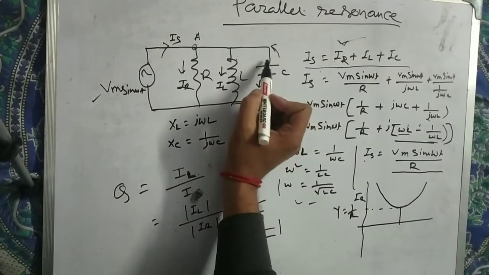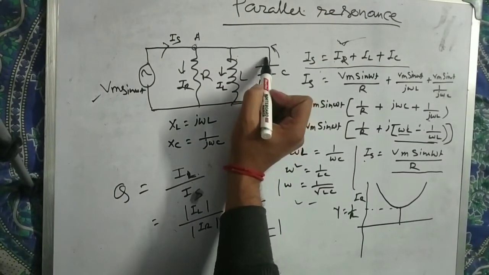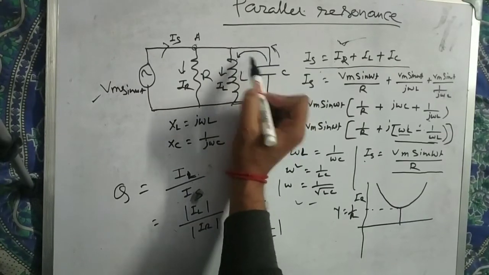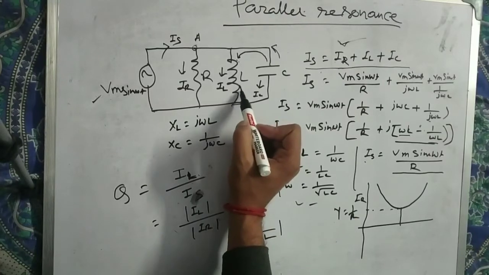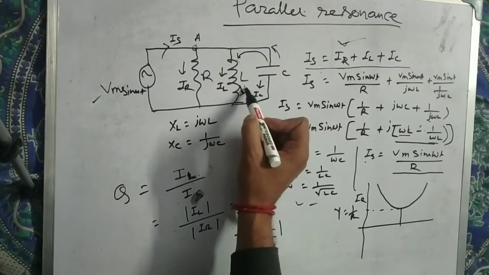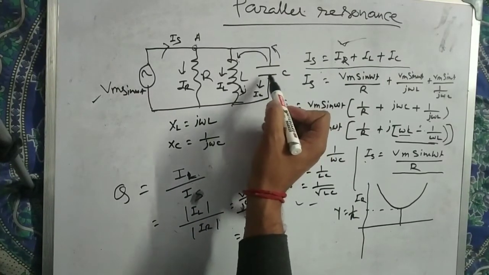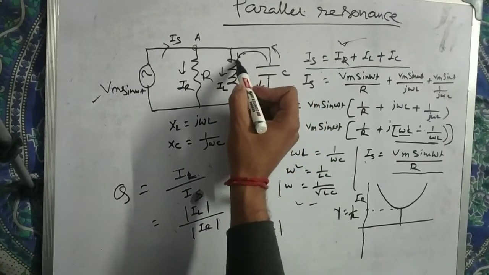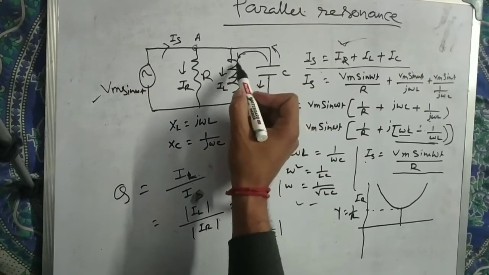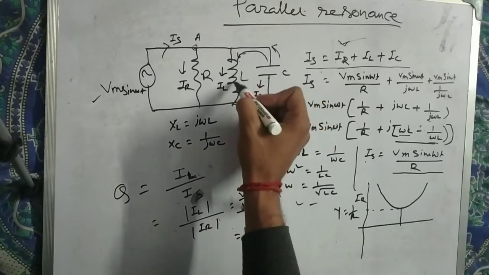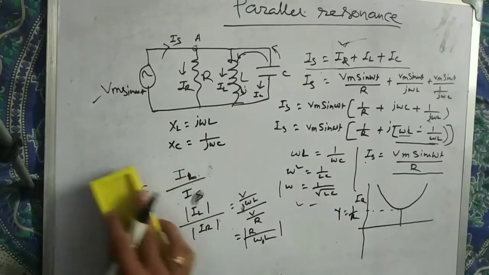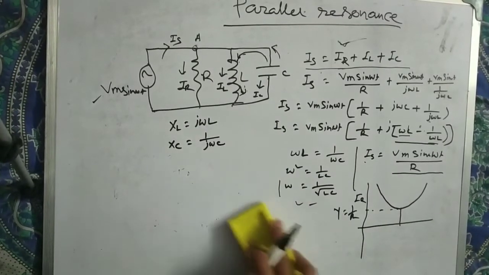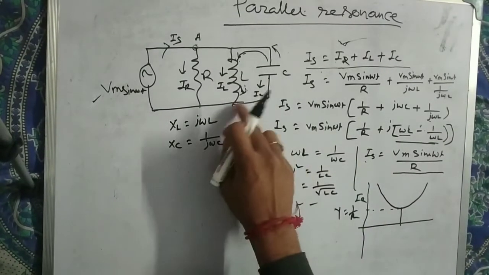At resonance condition, the capacitor will supply the reactive power absorbed by the inductor, and in the next cycle the inductor will charge the capacitor and the capacitor will supply the reactive power to the inductor. So there is no loss happening at this resonance condition.